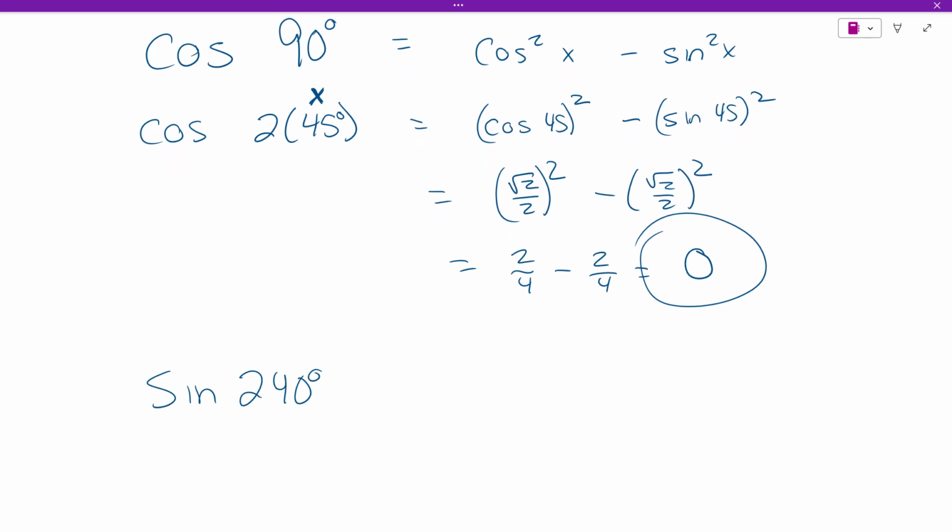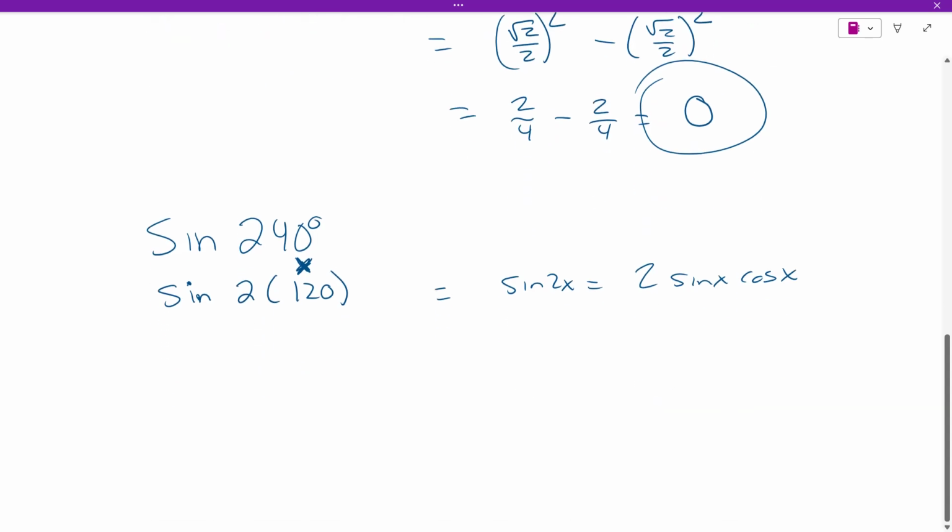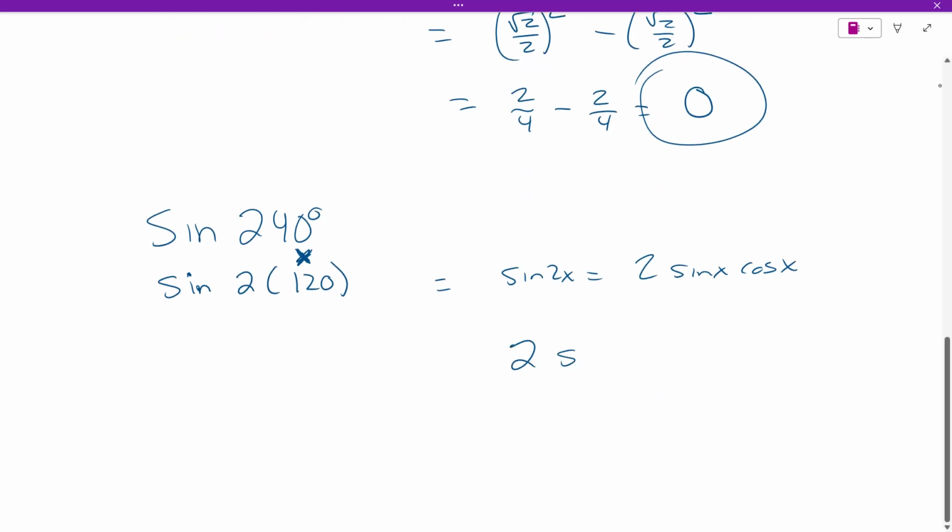Let's do the sine of 240 degrees, which is the same as the sine of 2 times 120. So x is 120. Now what's our sine formula? Well, the sine of 2x, we are told that it's 2 sine of x cosine of x. So we take 2 sine of 120 cosine of 120.